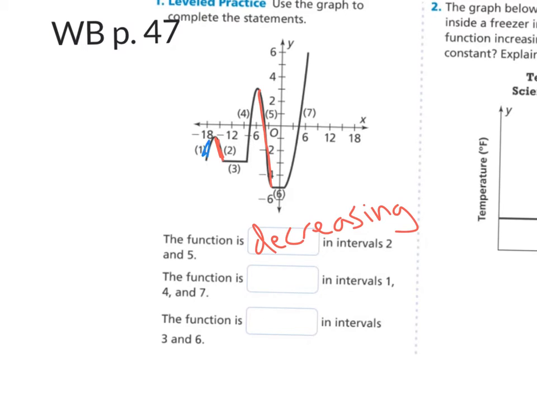Those are going up, so those would be increasing. And then the last one, we've got intervals 3 and 6. Those are going straight across, so those would be constant.